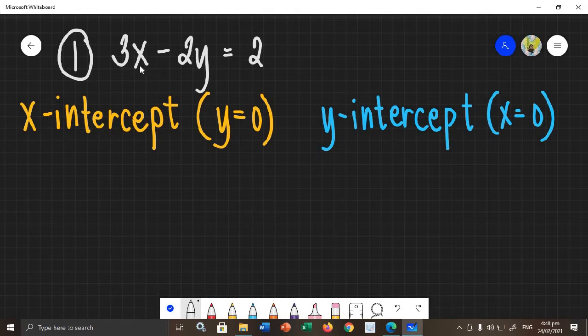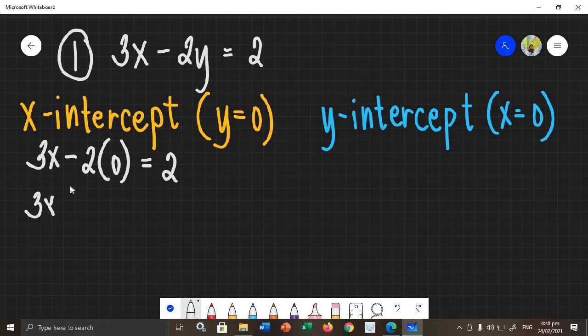So using the equation 3x minus 2y equals 2, we will substitute the value of y to this given equation. So we have 3x minus 2. Yung value ng y is 0. So, substitute natin siya. So, minus 2 quantity 0 equals 2. And then we have 3x.